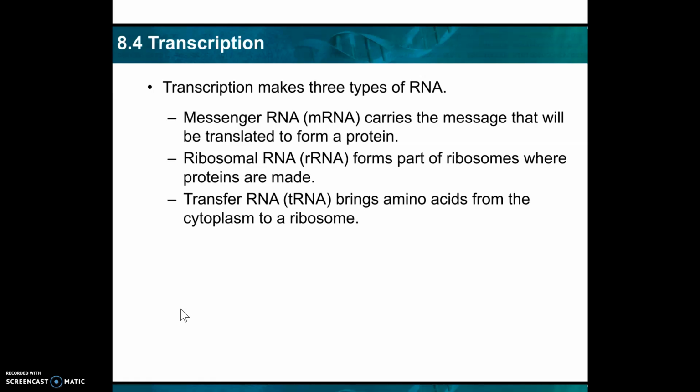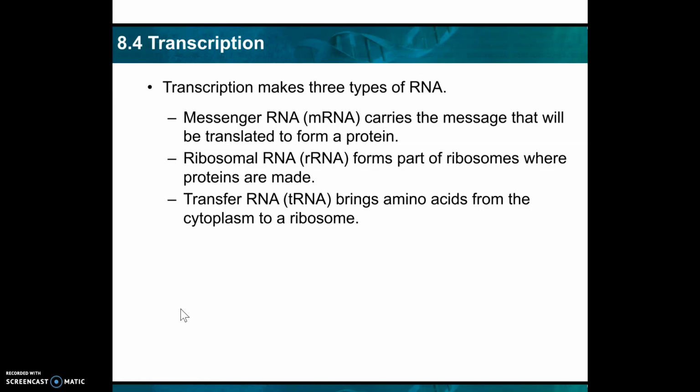Okay, so the product of transcription really are 3 different types of RNA. The first one is mRNA, messenger RNA. This is the message that leaves the nucleus. This is going to be the part that gets turned into a protein. The second part, rRNA, is ribosomal RNA.